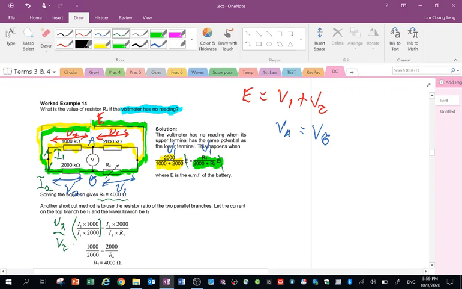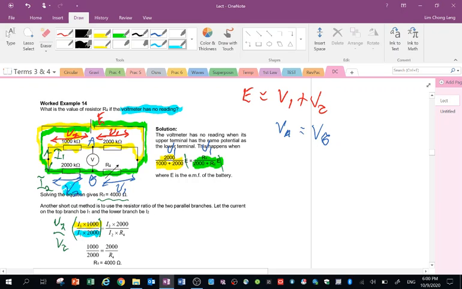The numerator is the V2 here, and the denominator, this V2, is actually this V2.